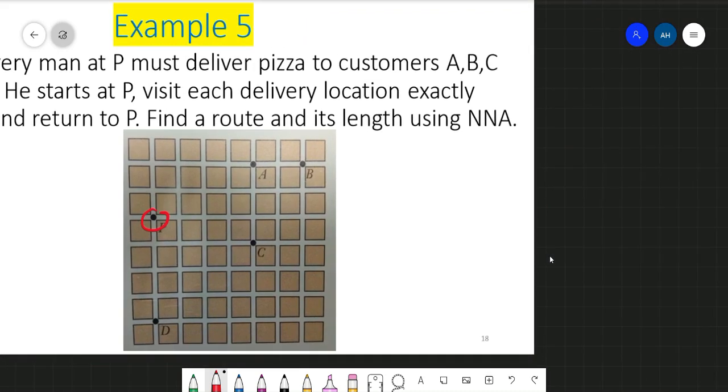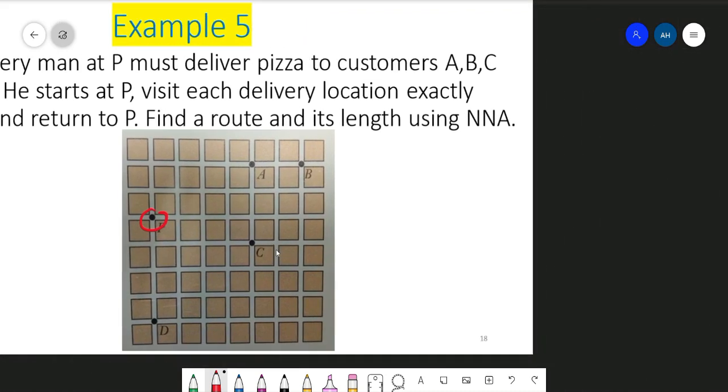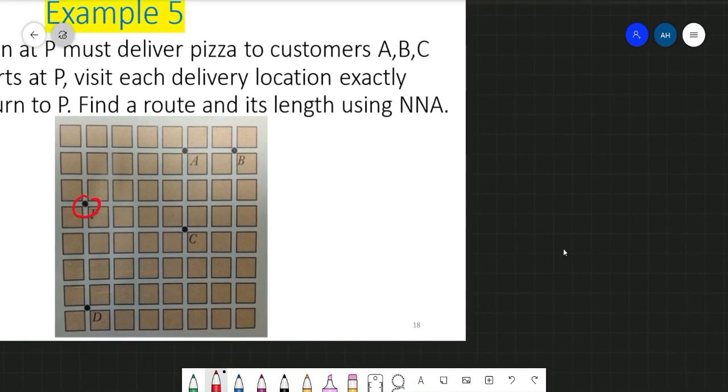Now, the thing is that for this particular example, we don't have a graph yet. So what we have to do is convert this situation into a graph. Now the question is, how many vertices do we have? Can you tell me how many vertices we have? Yeah, of course, 5. That is, we have P, A, B, C, and D. Now let's draw the graph first.